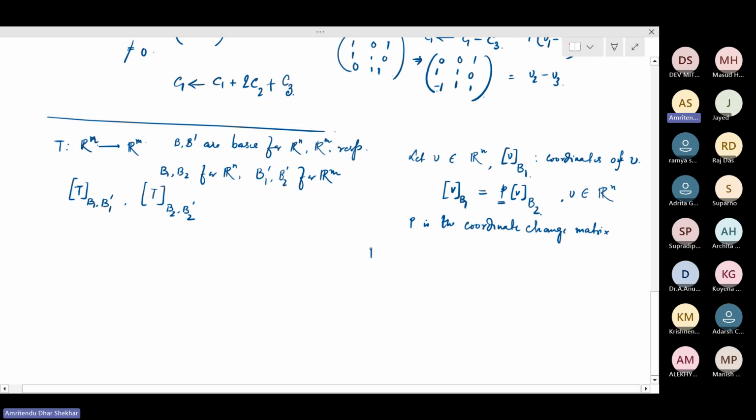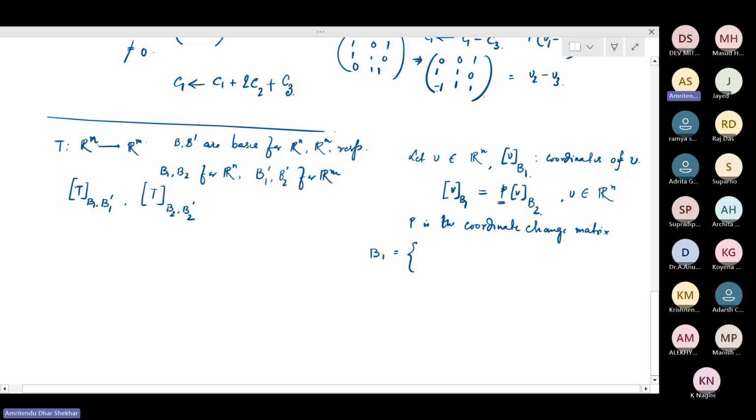Let's say you write these vectors in B1 using superscript notation as alpha n1, and let's say you write this B2 as... actually that's not the appropriate notation.